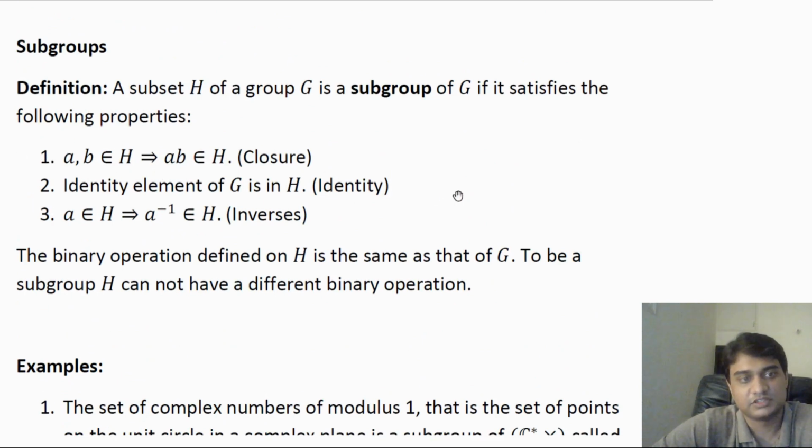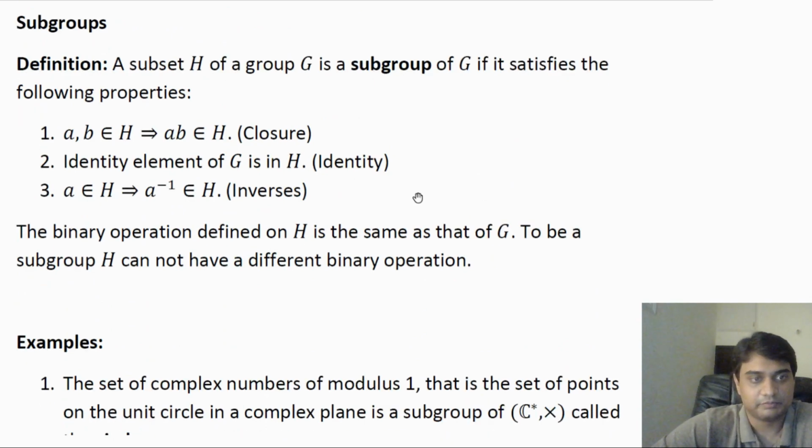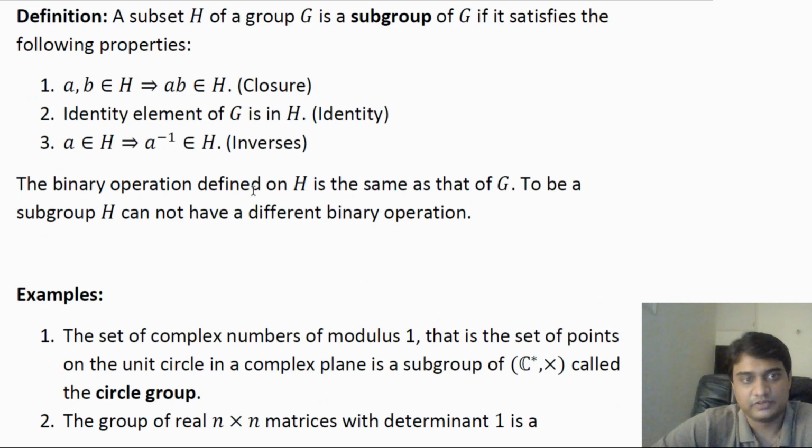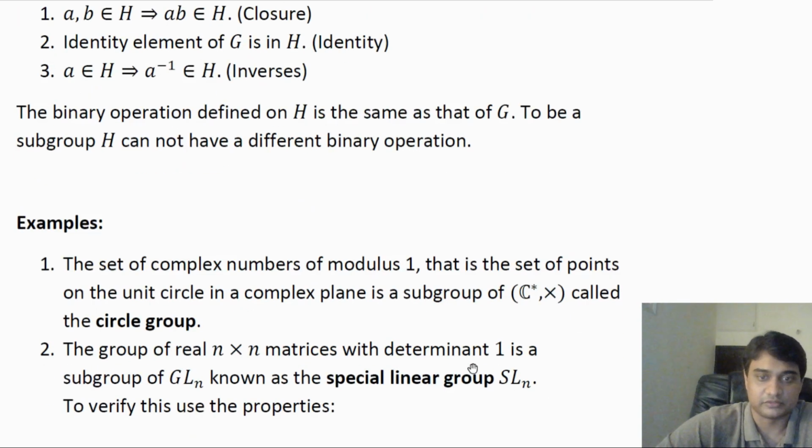So it is closed. Obviously, if we multiply two elements of the form e to the i theta, we get again an element of the same form, which has modulus 1. Basically, multiplying two complex numbers with modulus 1 gives another complex number with modulus 1. The identity element is the complex number 1. Does it have modulus 1?